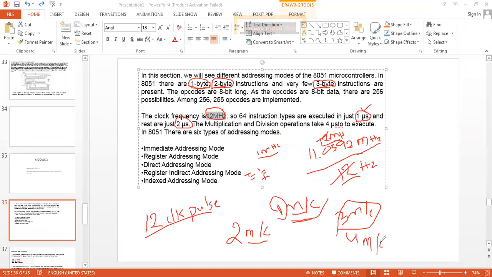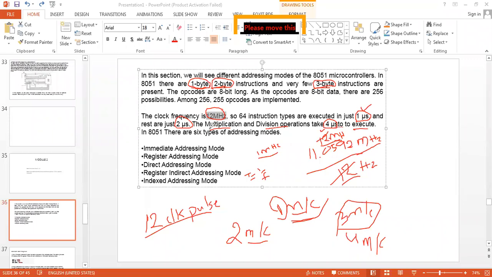So those types of instructions will be executed within 4 microseconds. Okay, that is, for example, multiplication and division instructions will consume up to 4 microseconds to be executed.